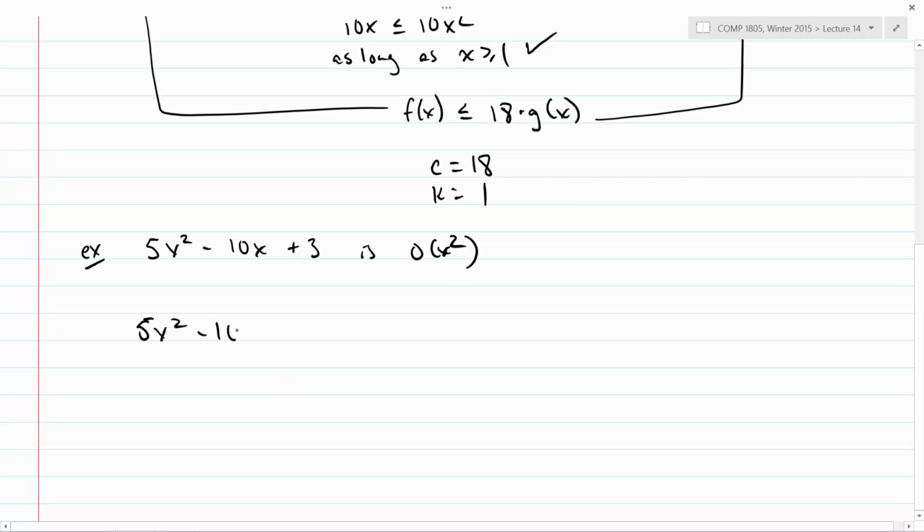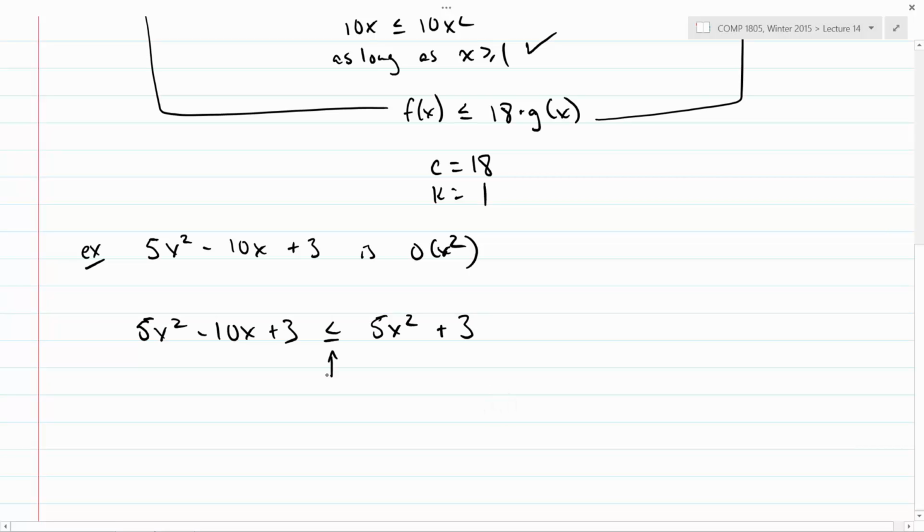5x squared minus 10x plus 3. I need to write down something that's definitely bigger or equal. And I can do that by writing down 5x squared plus 3. The catch is exactly that, as long as 10x is positive, or non-negative, we'll say.